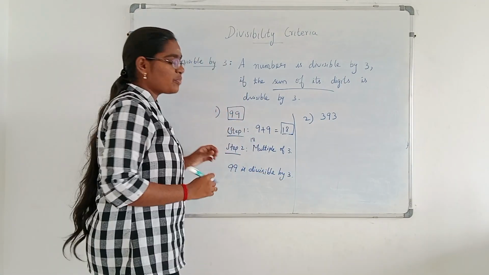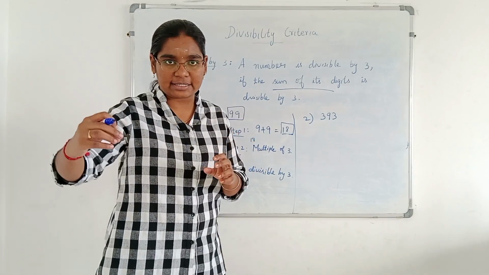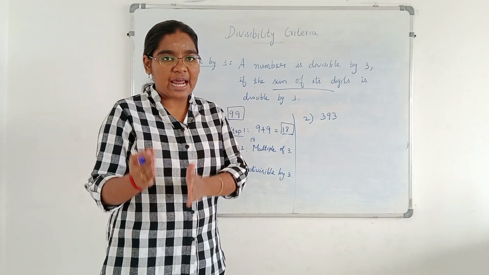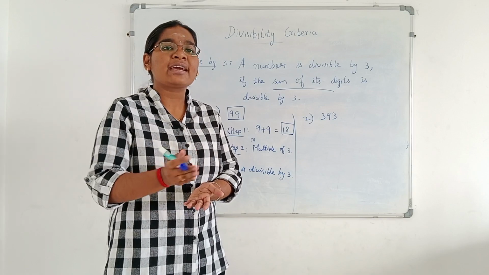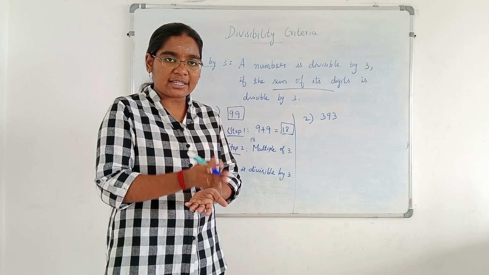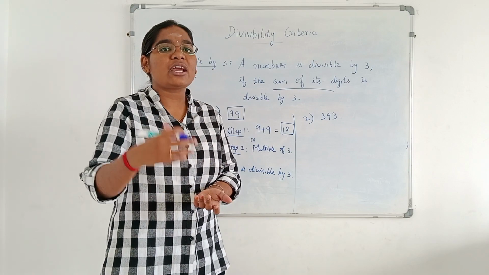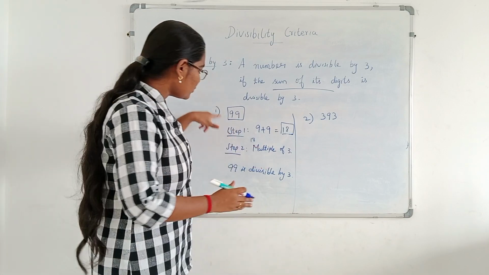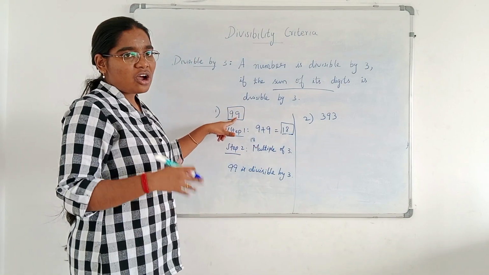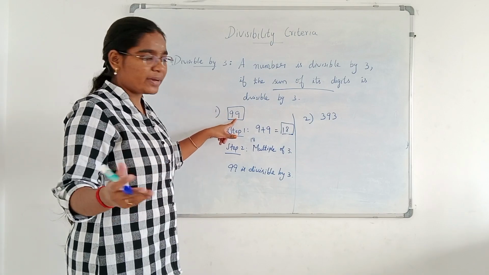Then you can conclude that 99 is divisible by 3. So step 1 is to add each and every digit and you will get one answer. Step 2 is to check whether that number is a multiple of 3 or not. If it is a multiple of 3, then the number is divisible by 3. If it is not a multiple of 3, then the number is not divisible by 3.